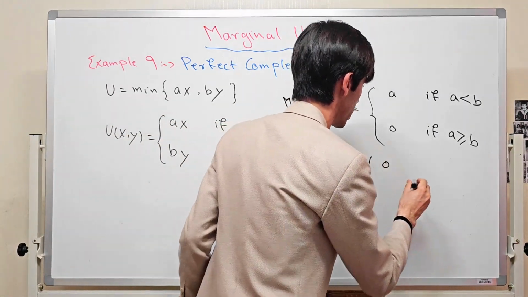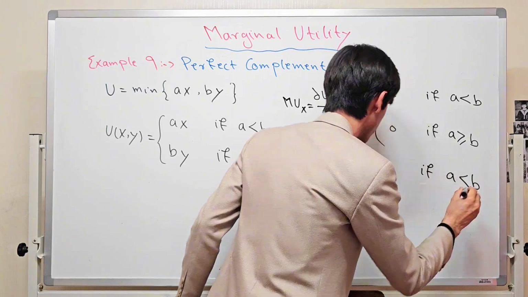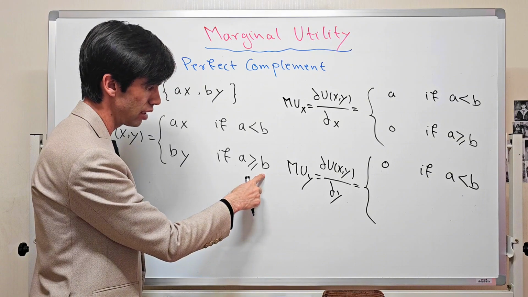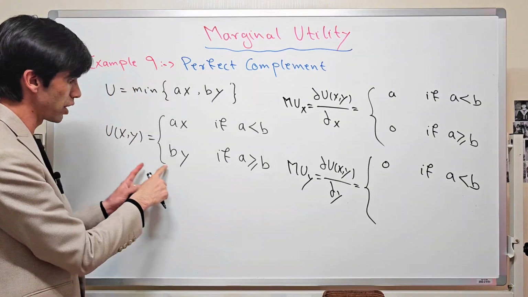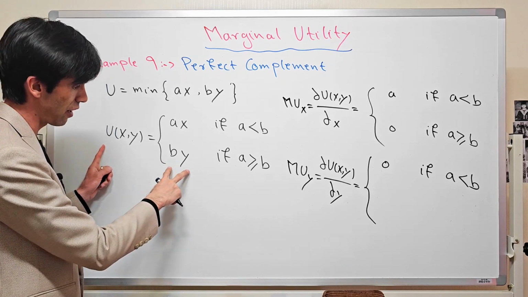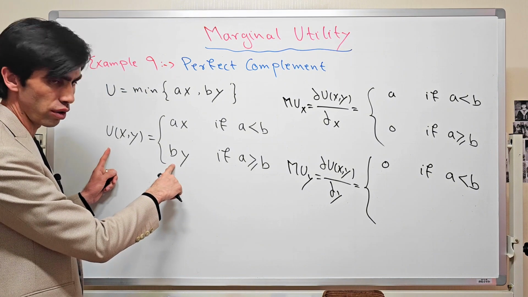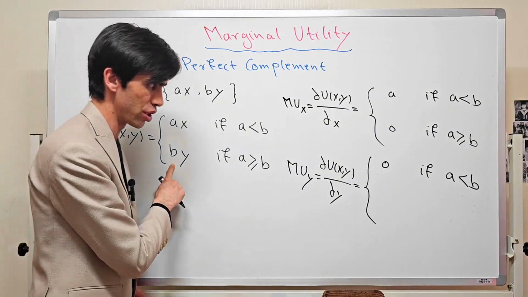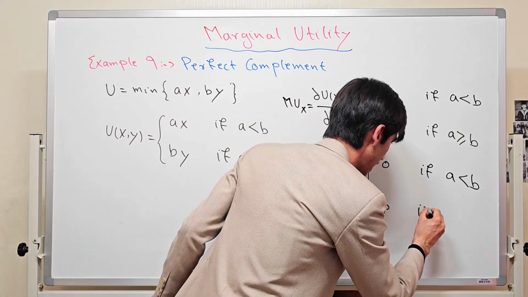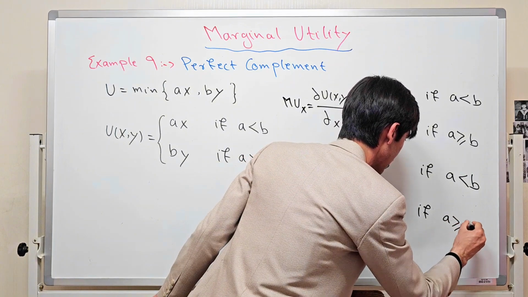But if a is greater than or equal to b, then our utility function will become by. If we take the partial derivative of by with respect to y, we will have the value of b as a marginal utility. It will become b if a is greater than or equal to b.